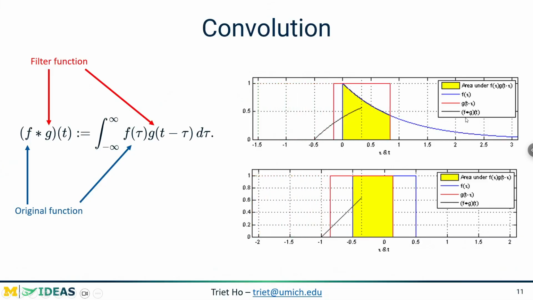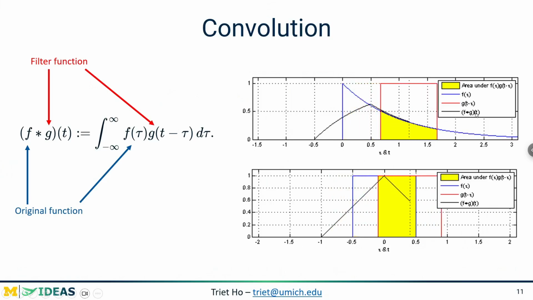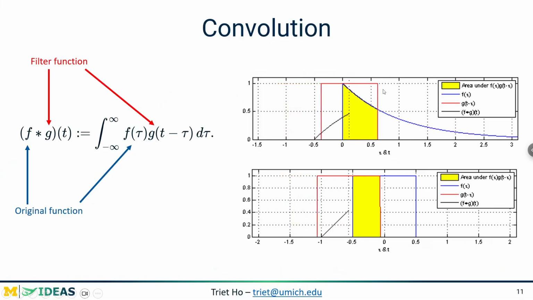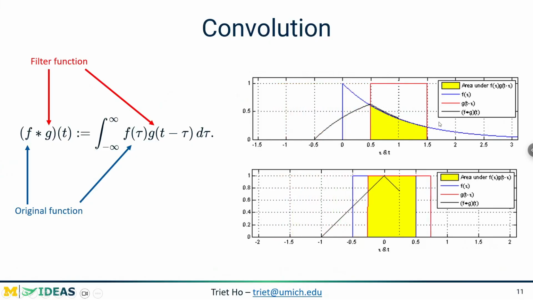And then the resultant function, the convolution of f with g, represents the area under the curve overlap between the original function f of t and the future function g of t. Okay? So this is the mathematical convolution, fully mathematical in a continuous function.